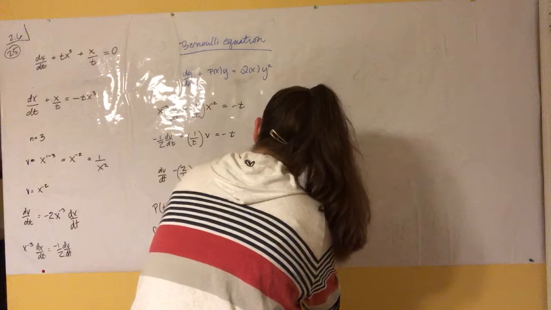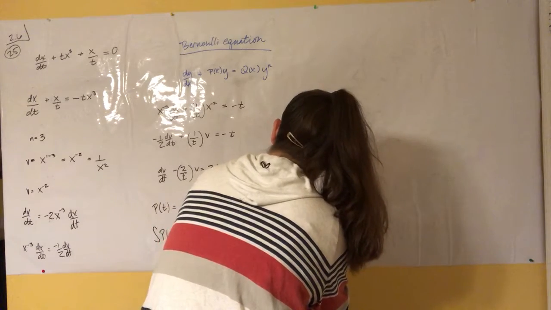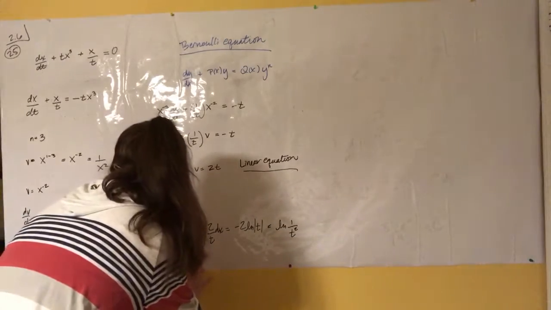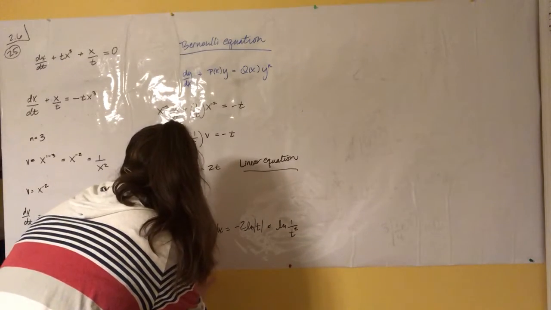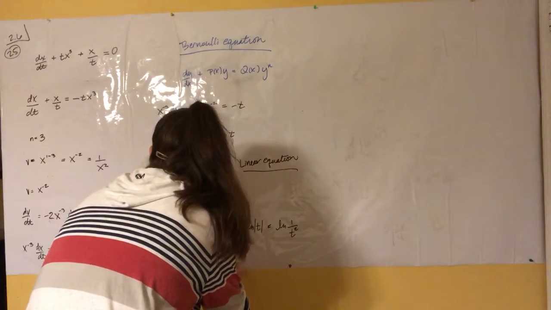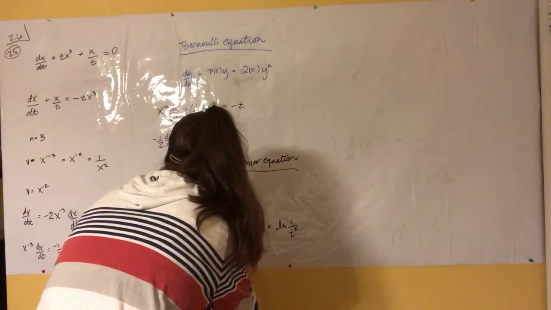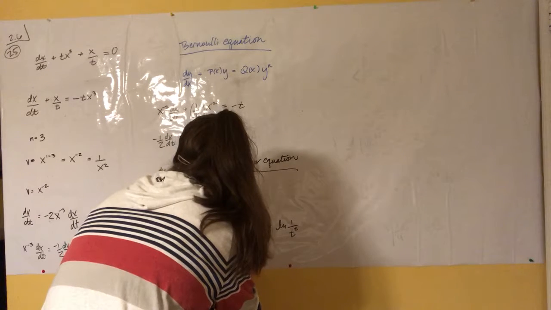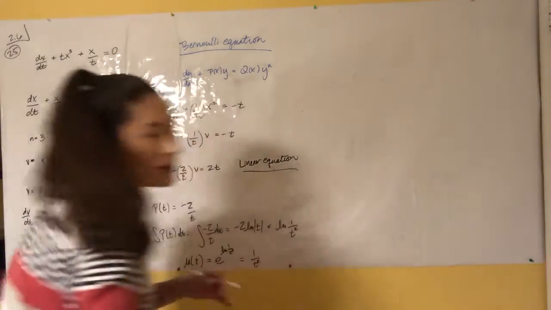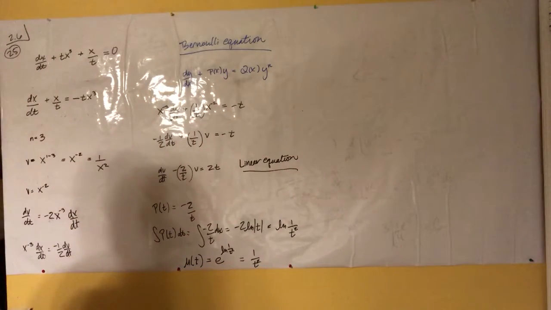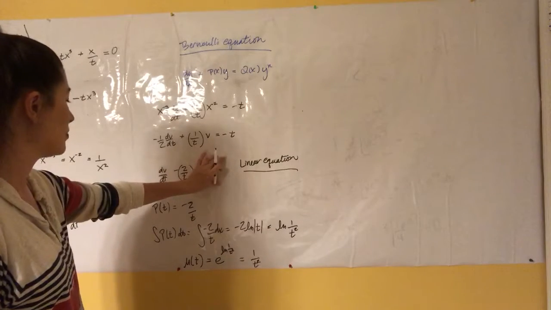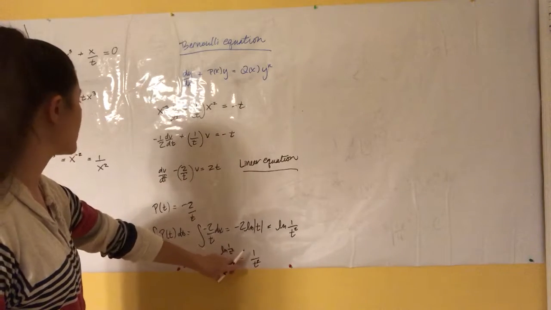And then it's going to be ln 1 over t squared, right? Okay? And then the integrating factor, u of t, is going to be equal to e to the power of ln 1 over t squared. And that's just going to be 1 over t squared, or t to the -2, okay? And then you take that and you multiply all of this by that integrating factor, okay?